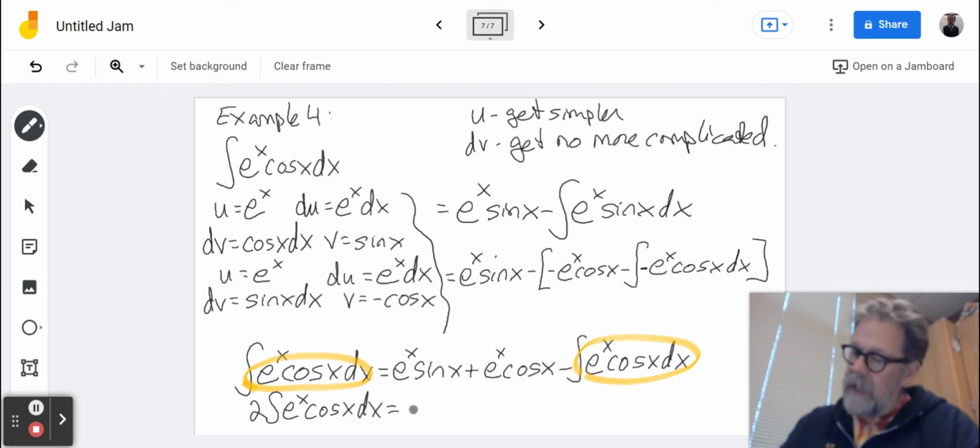I'm left with these, and I'm going to factor out the e to the x, because why not?